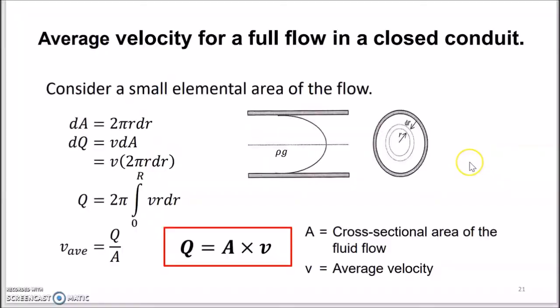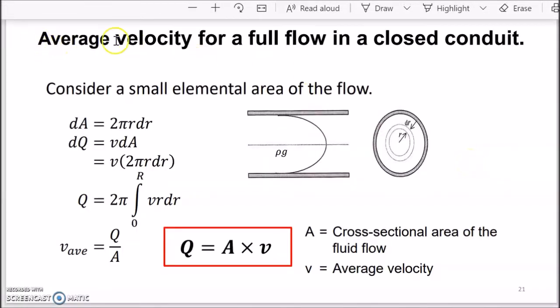Okay, so now we continue with average velocity for a full flow in a closed conduit. A closed conduit means a circular pipe with liquid flowing fully in the pipe.